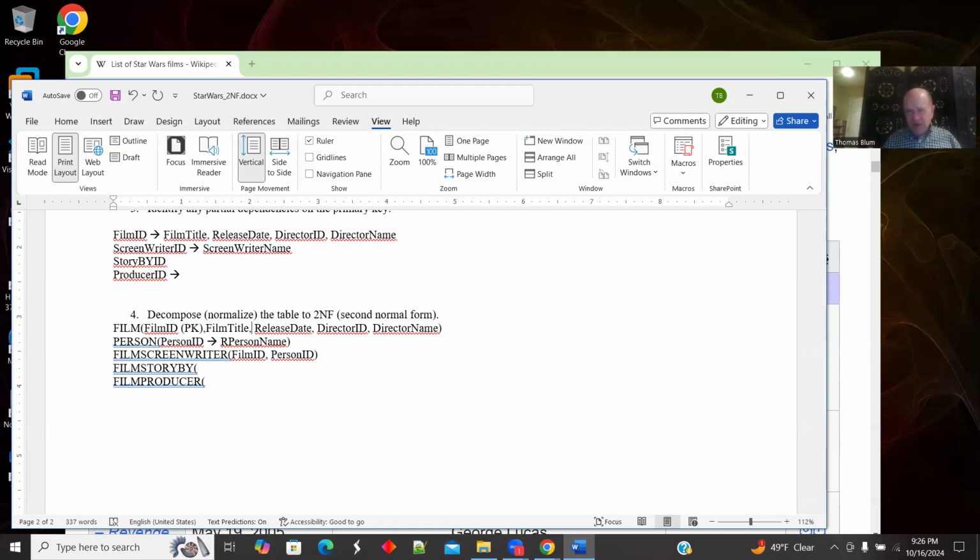We might pull the director out, or at least the director name out into the person table. So this could be the director ID, but we could know that it's a person ID, but that's not being commanded to us by the second normal form. That's going to require a higher normalization than what we're doing here. But then we pulled out a person.